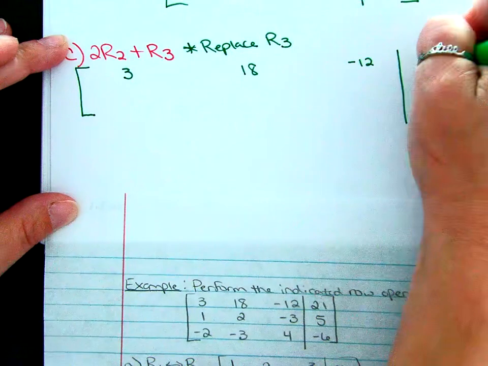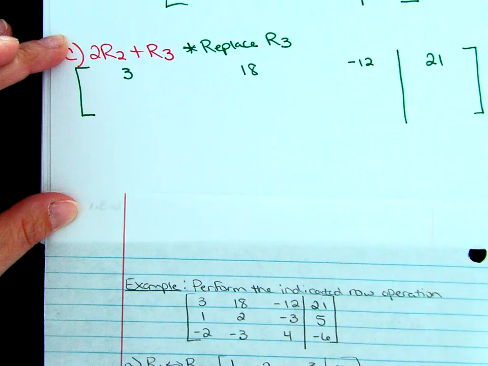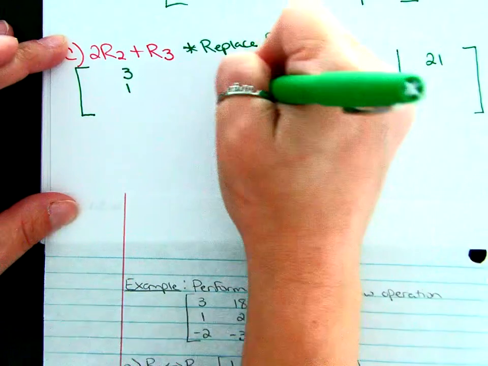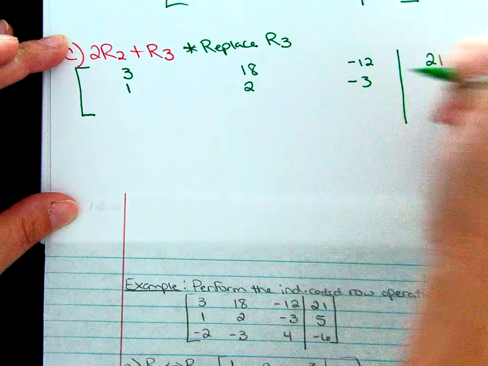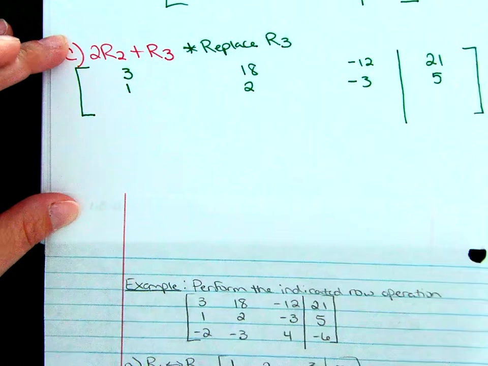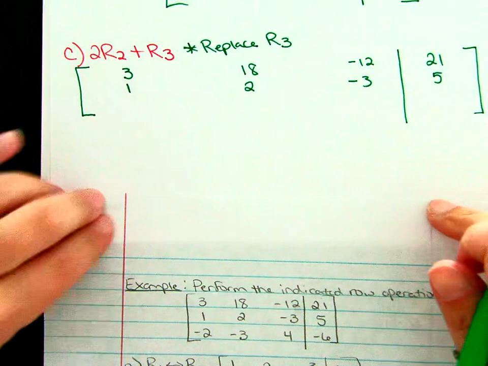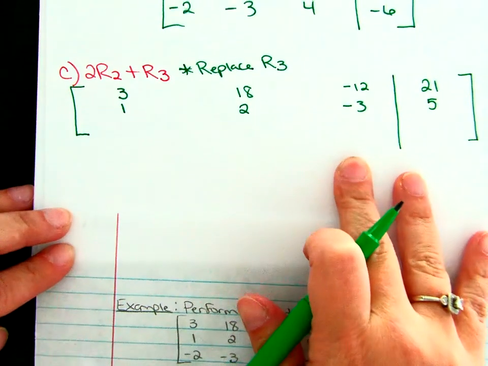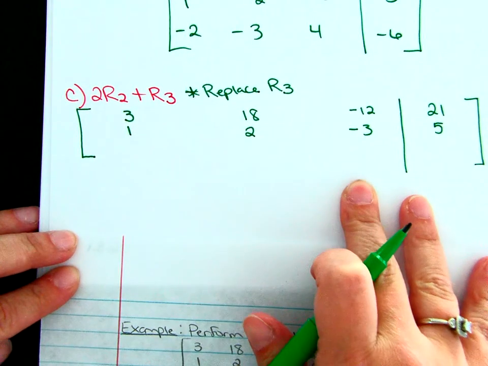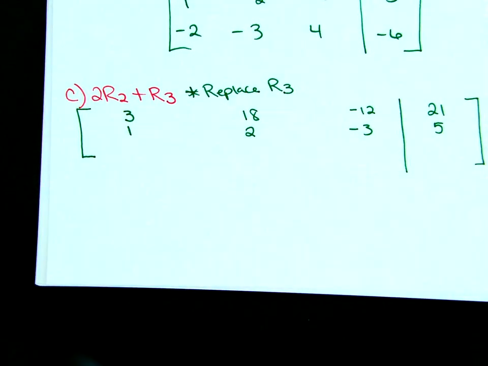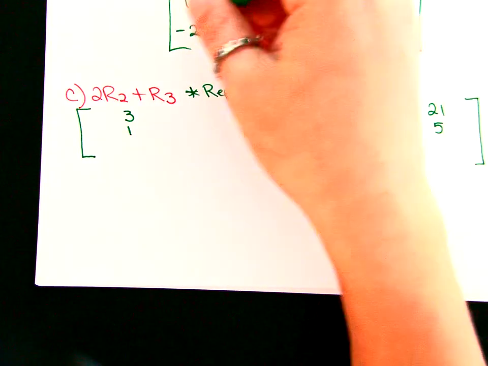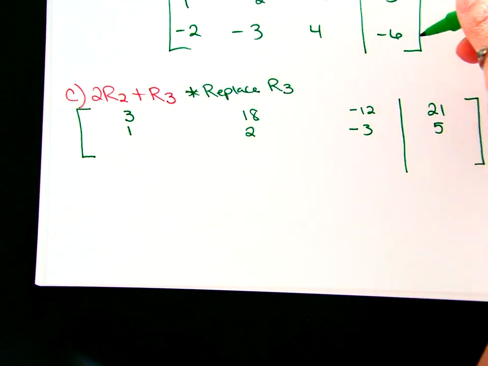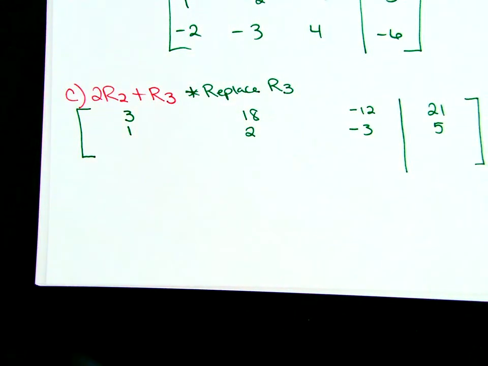Row 2 was 1, 2, negative 3, and 5. And I'm actually going to reference, I'm scrolling that down a little bit. This was row 3 from the previous problem, so I'm going to have it up there so that we can see it, just because it's hard to get everything on the screen at the same time.